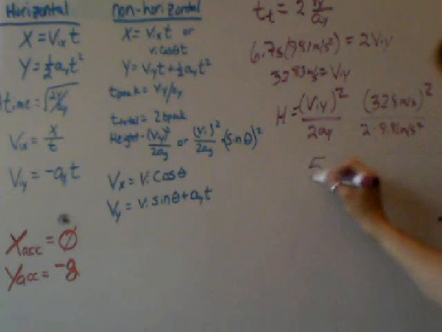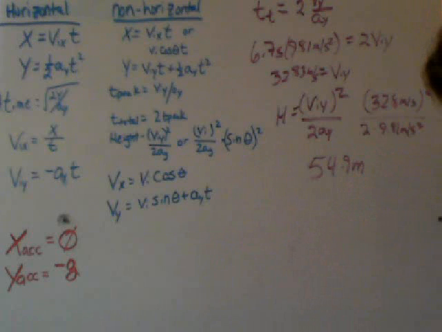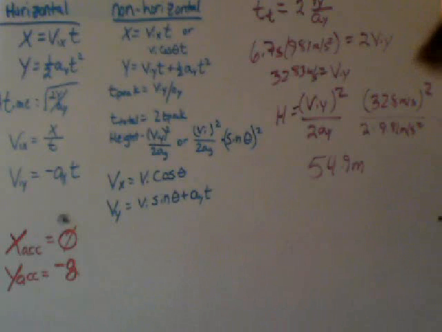And we find out that the height was 54.9 meters in the air. And so hopefully that will help you get through all the vector and projectile questions and worksheet number 6.